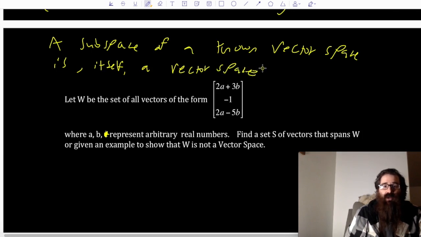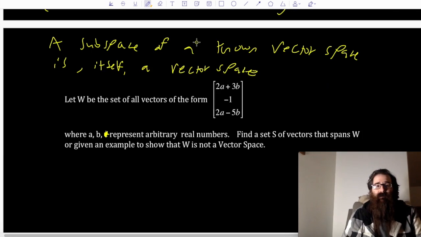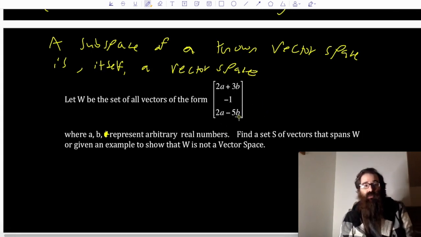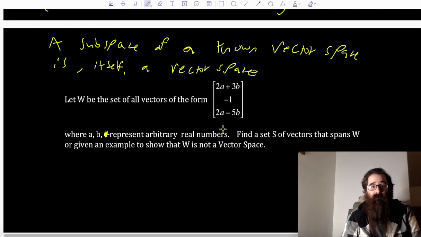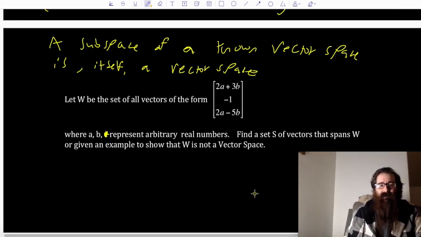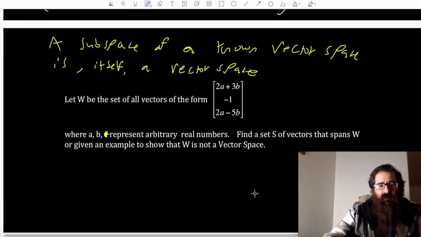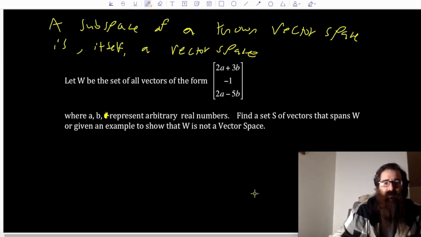If you can show that something is a subspace of a known vector space, then that's going to serve as its own vector space as well. So in fact, you could show that the remaining axioms do hold true, which is very fantastic, that I stay inside of that space. So a subspace of a known vector space is also a vector space.